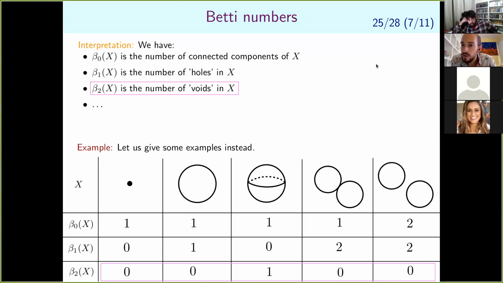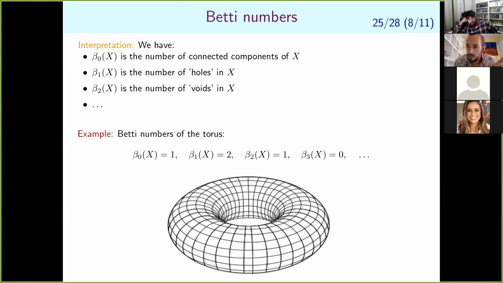All right, so this is how we understand Betti numbers. Let me give you another important example, the Betti numbers of the torus. Beta 0 is 1, because we have one connected component. Let's look at beta 2. Beta 2 is 1, because we have one inner void inside the torus.